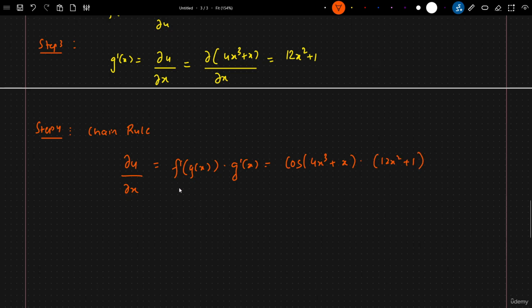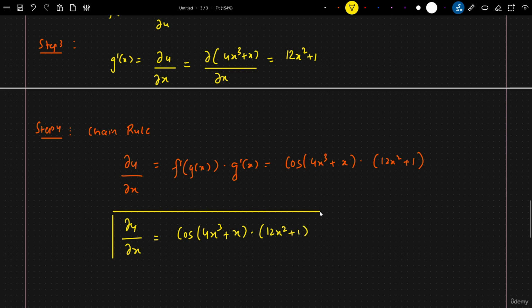And this is my entire derivative. So I can finally go ahead and write dy by dx is equal to cos of 4x cube plus x multiplied by 12x square plus 1, right? So this is my final derivative.